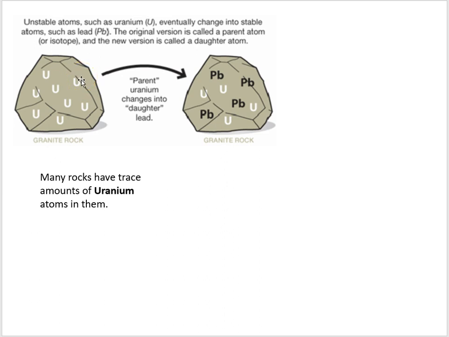They break apart. When the uranium atoms break apart, it's called radioactive decay, and they actually transform into a different atom of a different element. They turn into lead. Pb is the designation for lead. So uranium atoms are unstable, and they undergo radioactive decay where they transform into lead atoms.